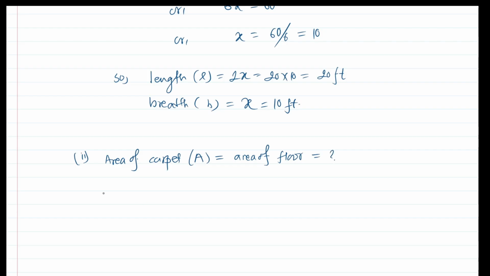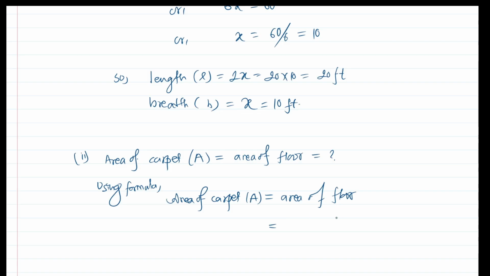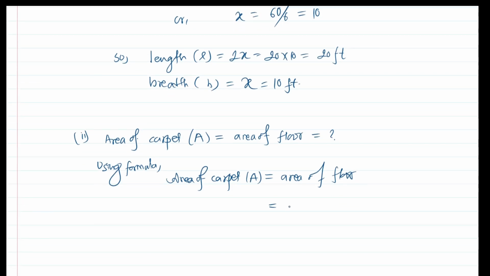Needs to be evaluated. So using the formula, area of carpet A is equal to area of floor. The floor is of rectangular shape, so area of floor means area of rectangle. That means length into breadth, L into B. That means length is 20 feet and breadth is 10.